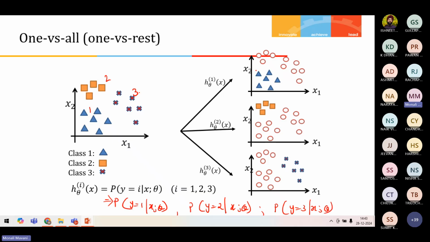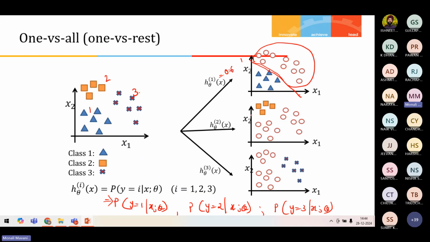When we do it for, say, class 1, we consider the other two classes as a single class. We convert this multi-class problem to a binary classification problem, and then we get a decision boundary. So it is one versus all, one class versus all. Say this hypothesis function gives me a probability of, say, 0.6.